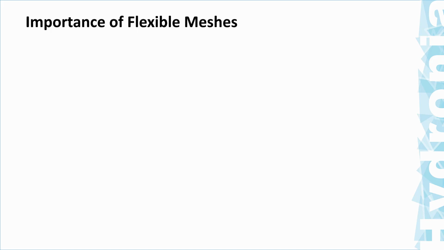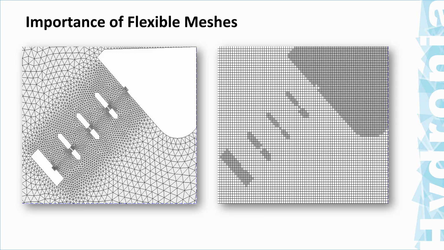Okay, so why is the flexible mesh important? Well, this is an example of two approaches that are typical in two-dimensional models. On the left, we have a Hydrobead flood mesh around a gated structure. So here are pillars that represent the main structure.